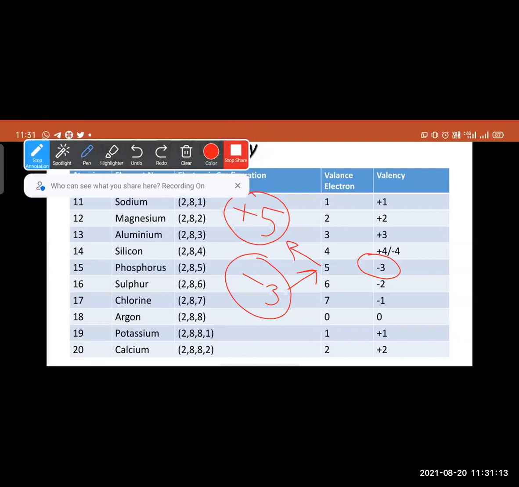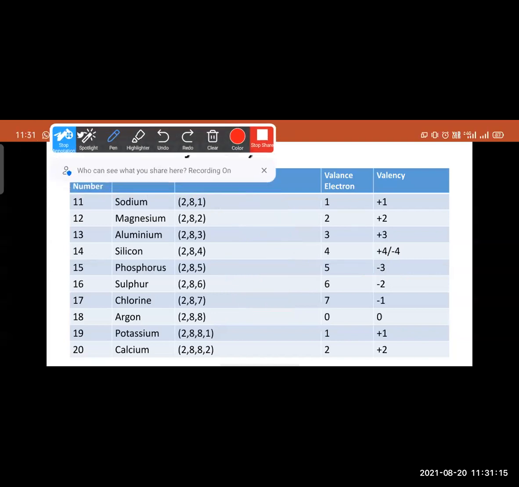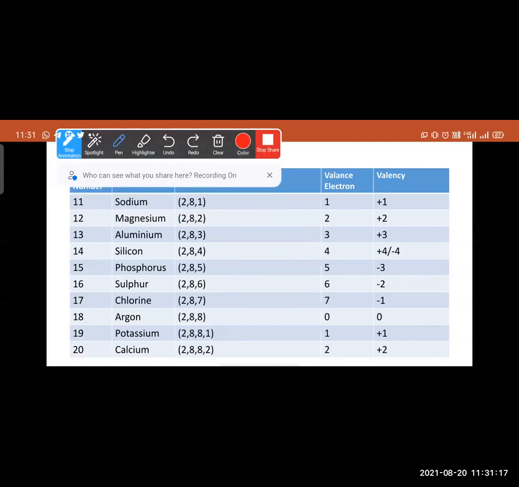In case of sulfur, atomic number 16, electronic configuration 2, 8, 6. The valence electrons, that is outermost orbit, will contain 6 electrons. Out of these 6 electrons, the donation of 6 electrons will be difficult as compared to accepting 2 electrons.